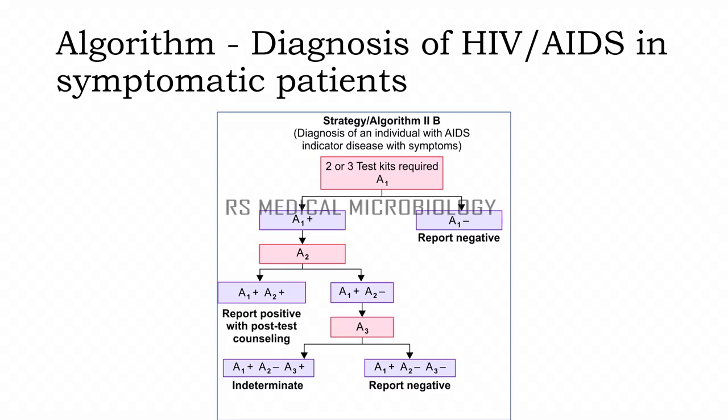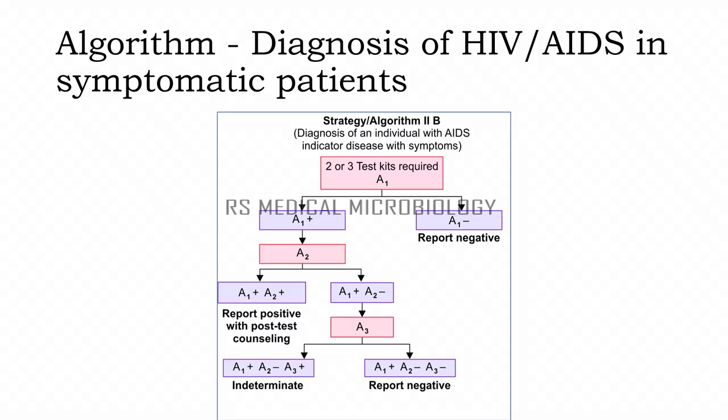If the second test, which is very specific, comes negative, then you go for a third test, which again is a very specific test. If the second specific test is also negative, then you'll report it as negative. If one test among the three, that is the second or third, comes positive, you will tell it indeterminate and you are going to follow up the patient, repeat the test after 14 days and then proceed accordingly.